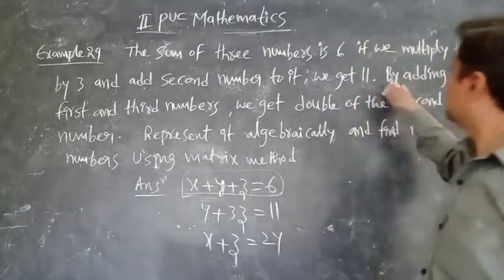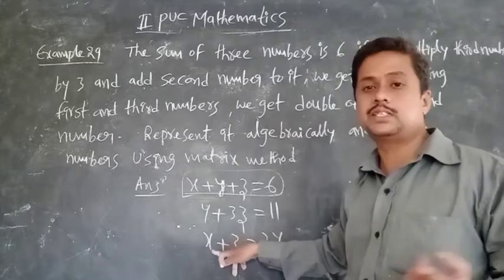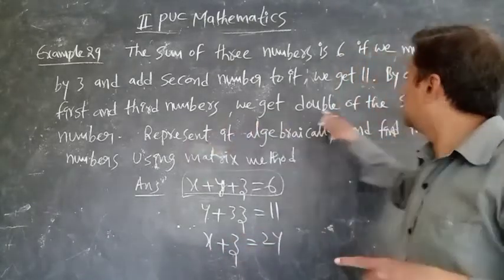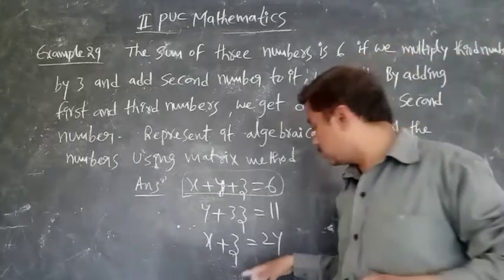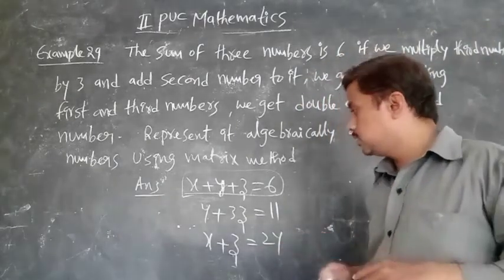Next, by adding the first and third numbers, x and z, we get double of the second number, that is 2 into y. So like that we have to write.